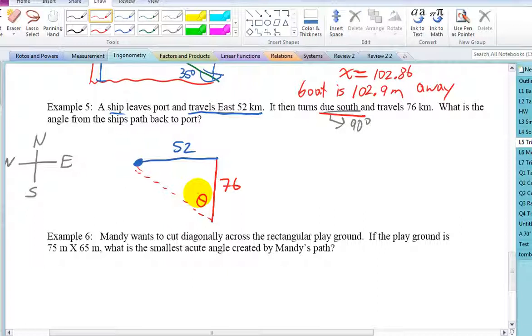Go ahead, solve it. Go. Okay, you can't talk and write at the same time. In order to write, you need to look at your page.